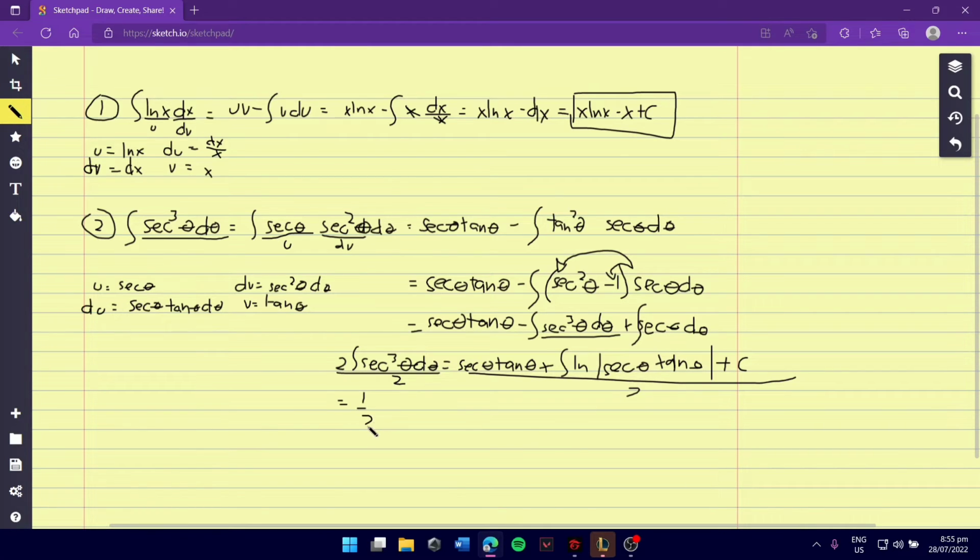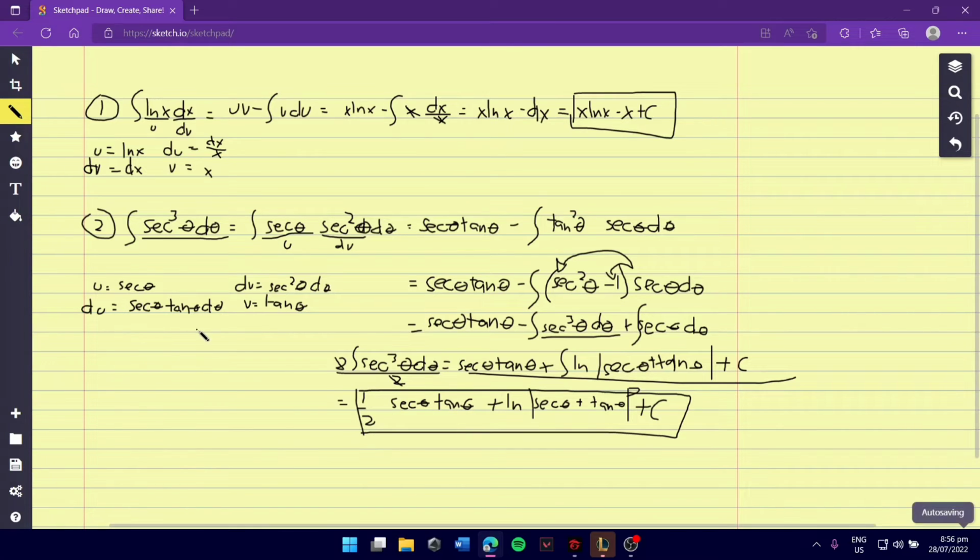We have 1/2, copy secant theta tangent theta plus ln of the absolute value of secant theta plus tangent theta, and then plus the other arbitrary constant. So this is now your final answer for example number 2.